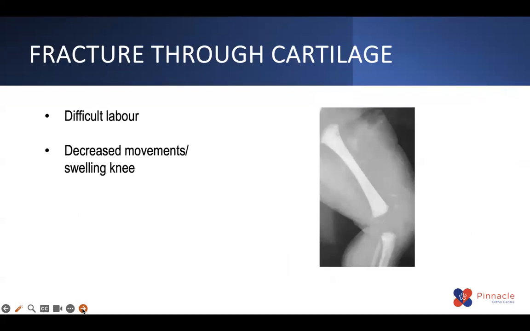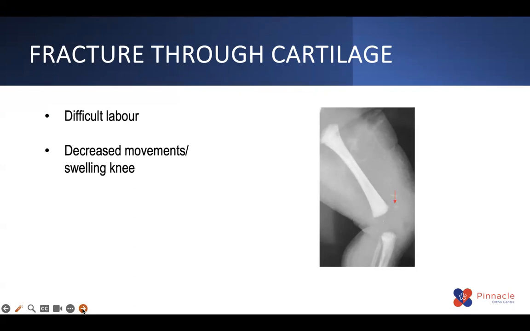Again, a difficult labor followed by decreased movements and swelling around the knee joint. What you can see over here is a bony fleck along the anterior aspect of the distal femur. Now, if you remember, the distal femur epiphysis is one of the only epiphyses in the body which ossifies at birth.